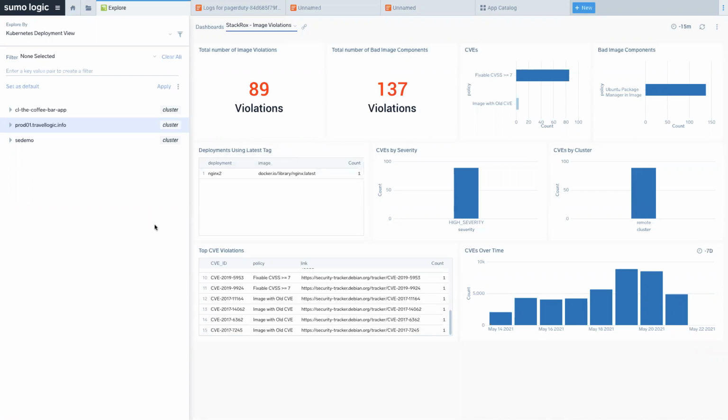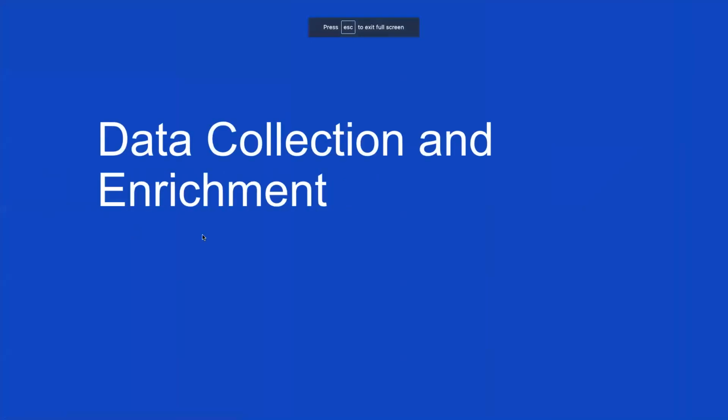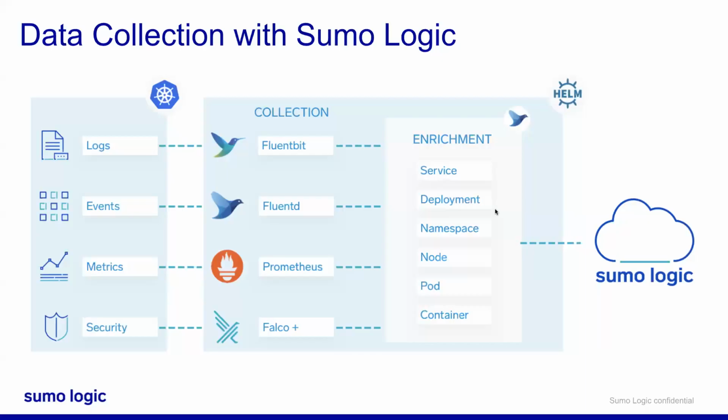Now, jump back to my slides for a moment, and we'll have a bit of a discussion about how we collect and get this data in. So basically, for Kubernetes, data collection is a little bit different than you may have seen with other Sumo Logic traditional logging with our collector. This is a completely Cloud Native Computing Foundation governed collection strategy.